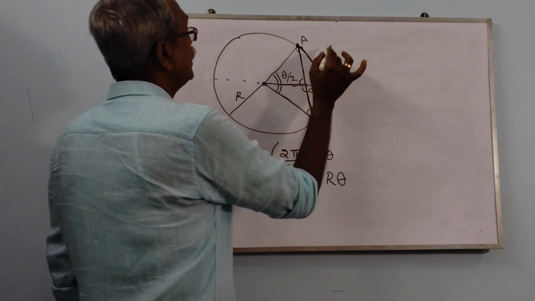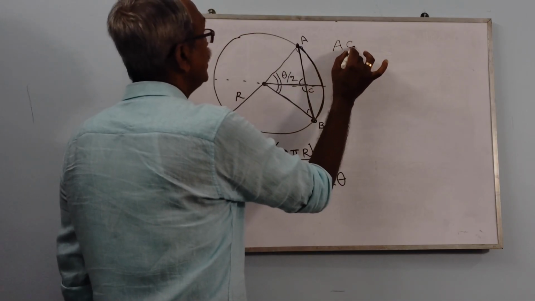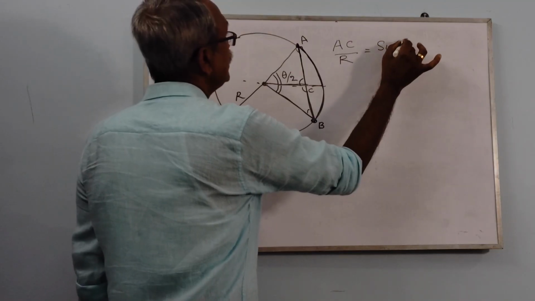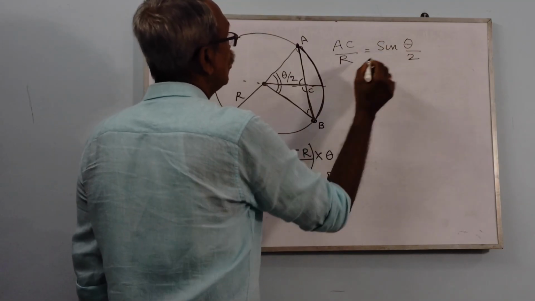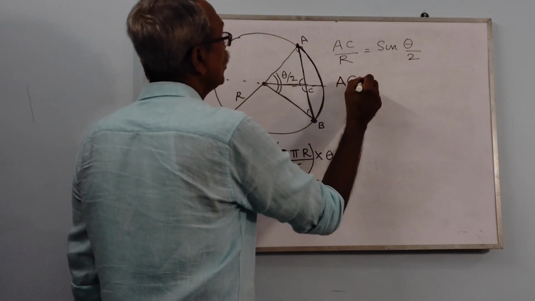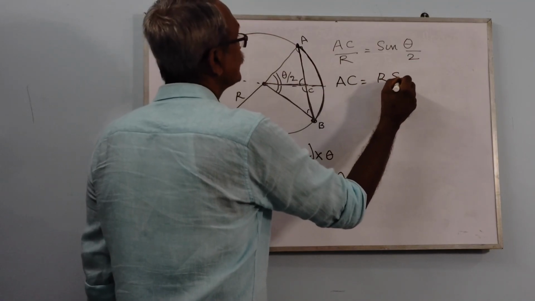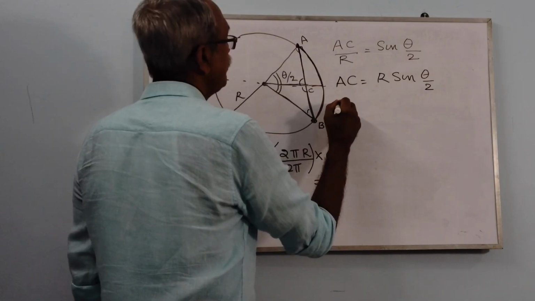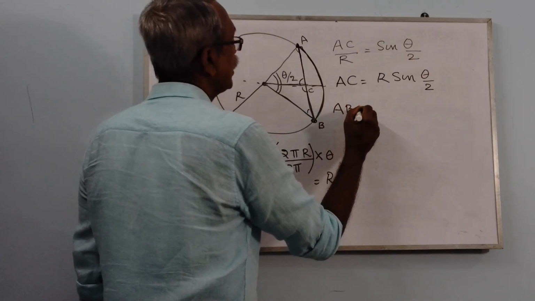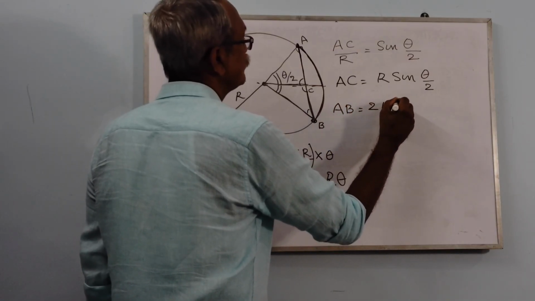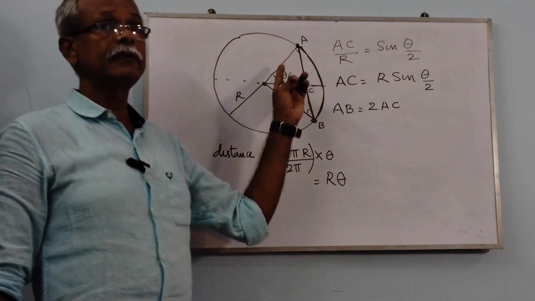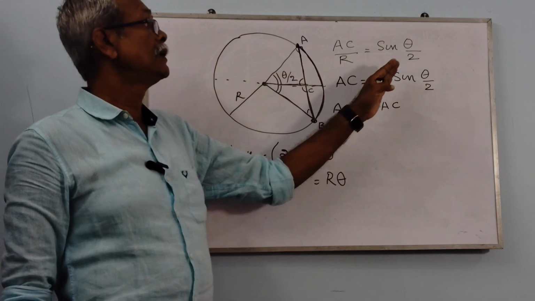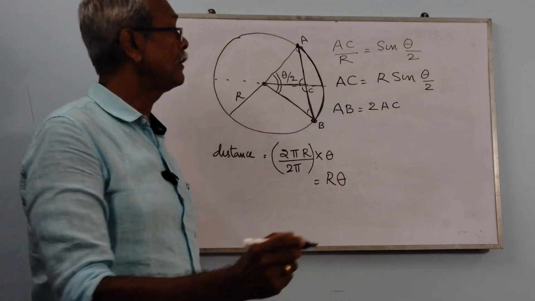And AC divided by R is equal to sin theta divided by 2. Or you have AC is equal to R sin theta divided by 2. AB is equal to 2AC. So this distance AB, which we have to calculate, will be twice the value of R sin theta by 2.